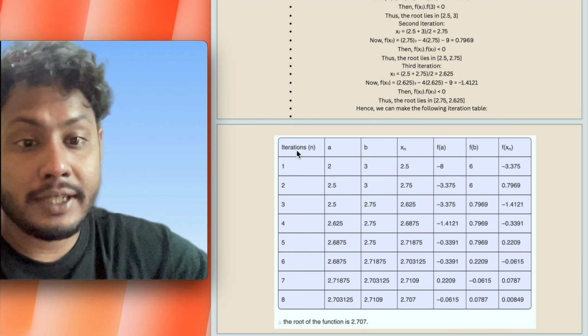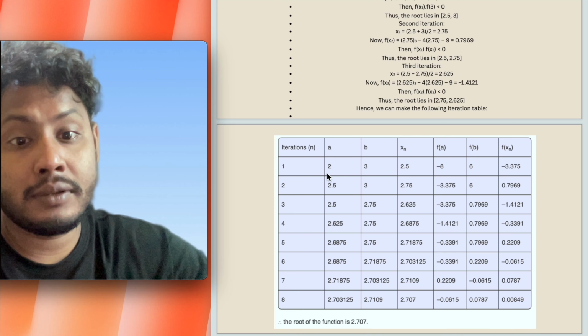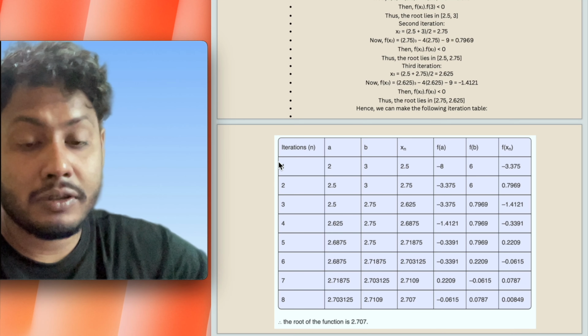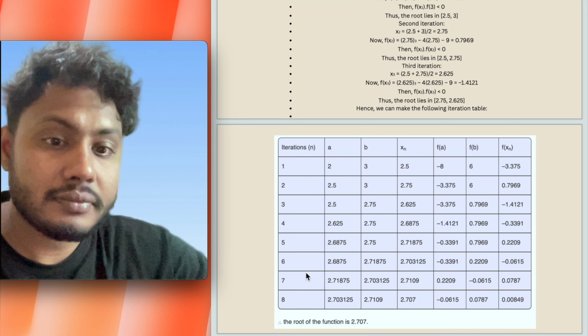Thus we have to take 7 columns and 8 rows.